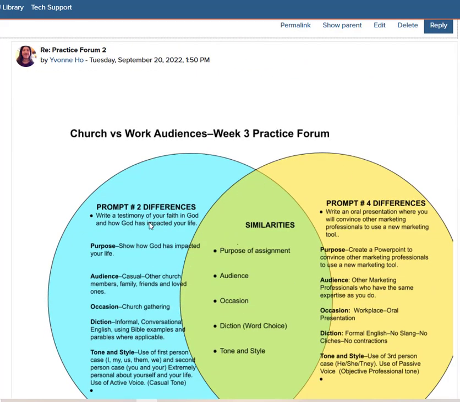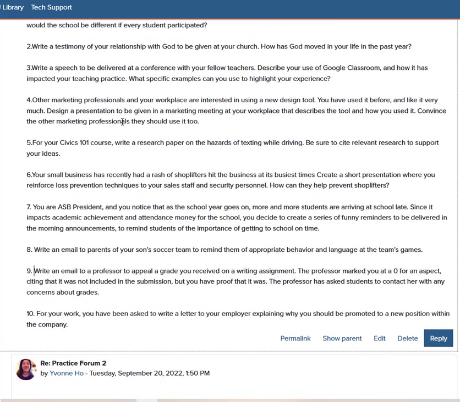So I put prompt number 2, the church, on this Venn diagram, and then I compared the church with prompt number 4. Number 4 is other marketing professionals and your workplace are interested in using a new design tool. You have used it before and like it very much.